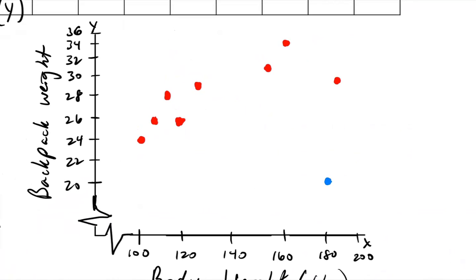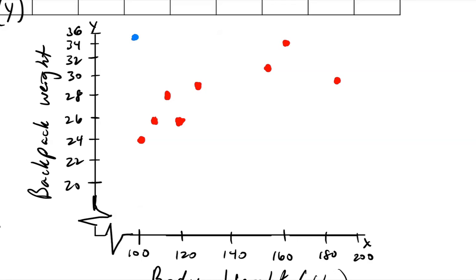Right? This person weighs a lot compared to the other people in this group, but their backpack weighs very little, right? Or the opposite. Someone that weighs very little, but their backpack weighs a lot, right? Something that doesn't fit the overall pattern, right?